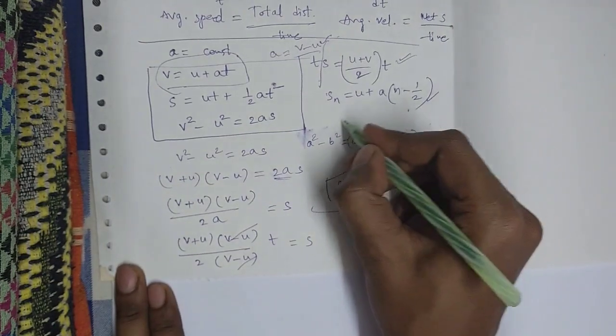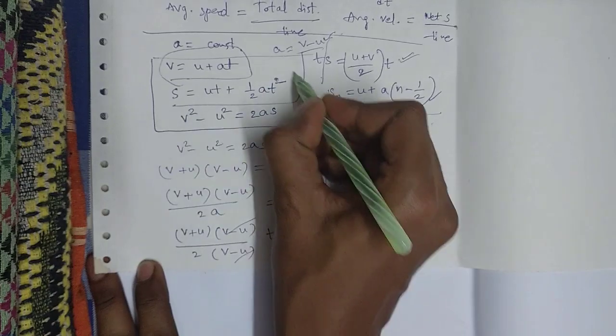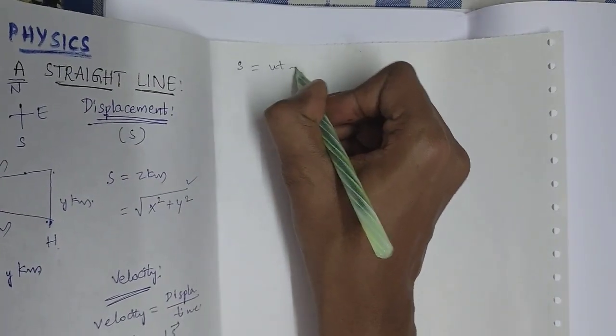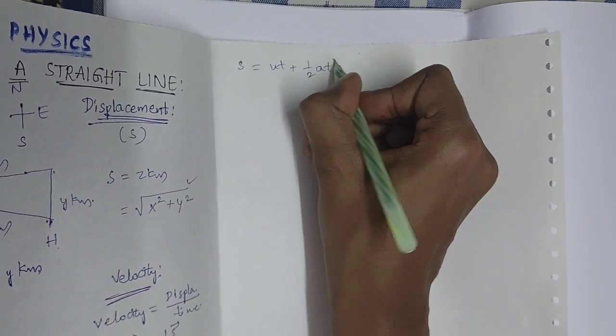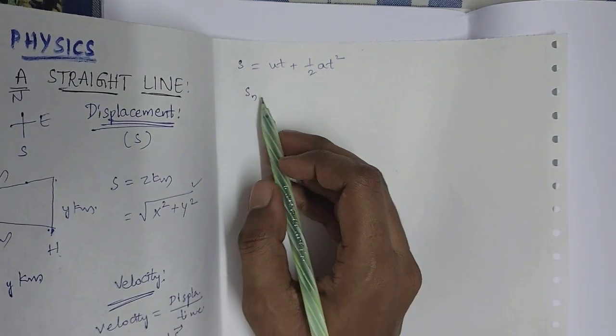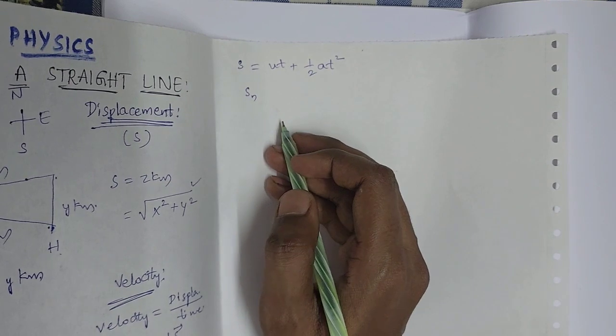Let us see the next formula. For this formula, we have to use this basic formula, s equals ut plus half at square. If we consider Sn, Sn denotes the distance traveled in the nth second.